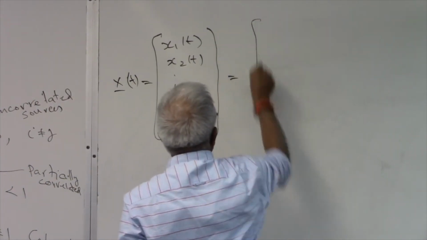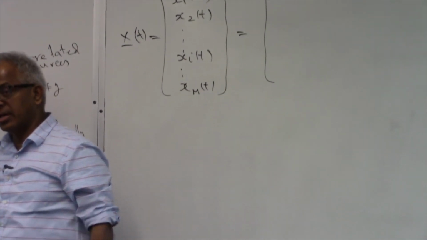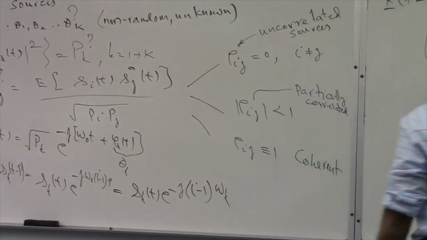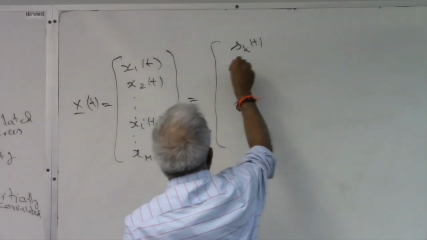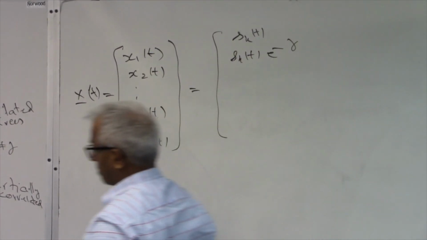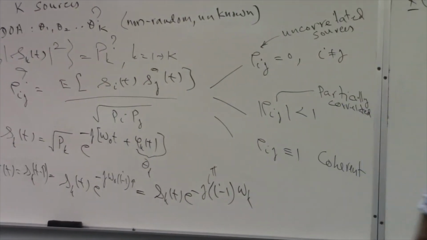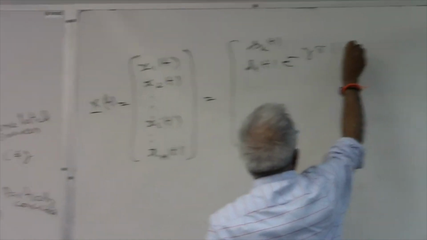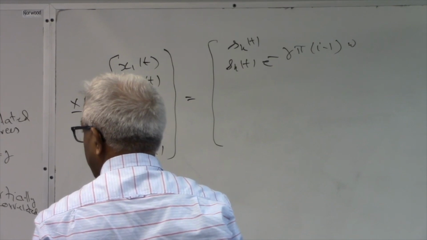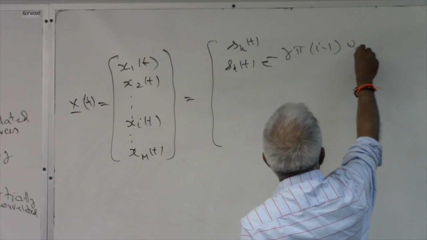So this is the signal due to the kth source at the ith sensor. When i equals 1, for the first sensor it will be just sk of t. The second sensor will be e raised to minus j, and there's a pi also. You can absorb the pi with omega k if you want.